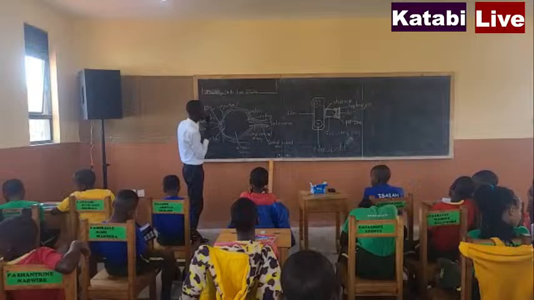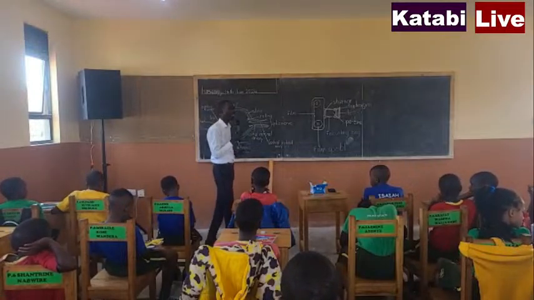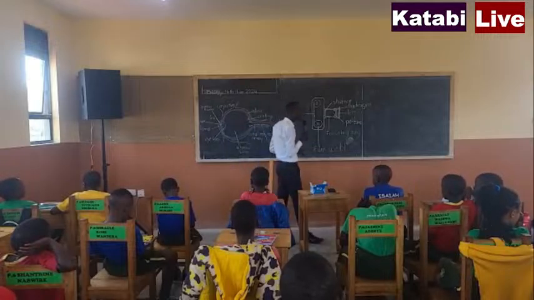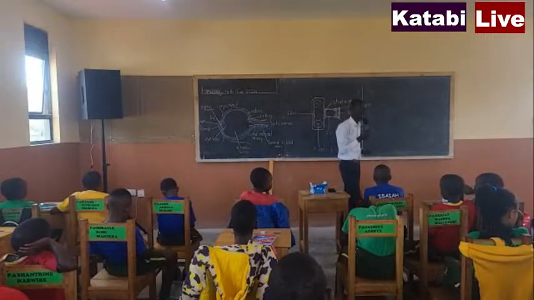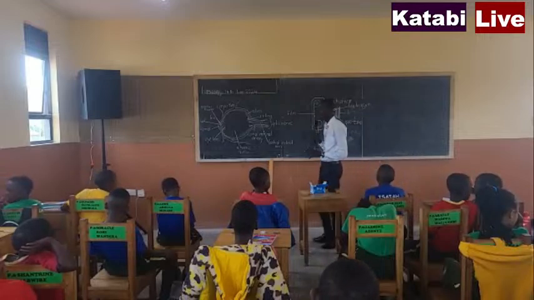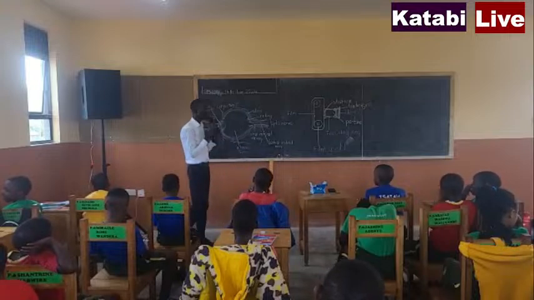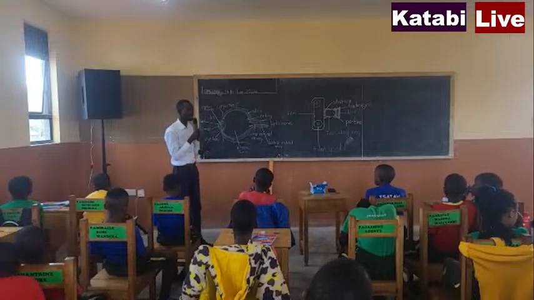However, this is the human eye, and first of all, we know that the human eye is the organ that is used for sight, and it is protected by the skeleton, which we know as the eye socket. Are we together? That is where it is embedded and inserted.